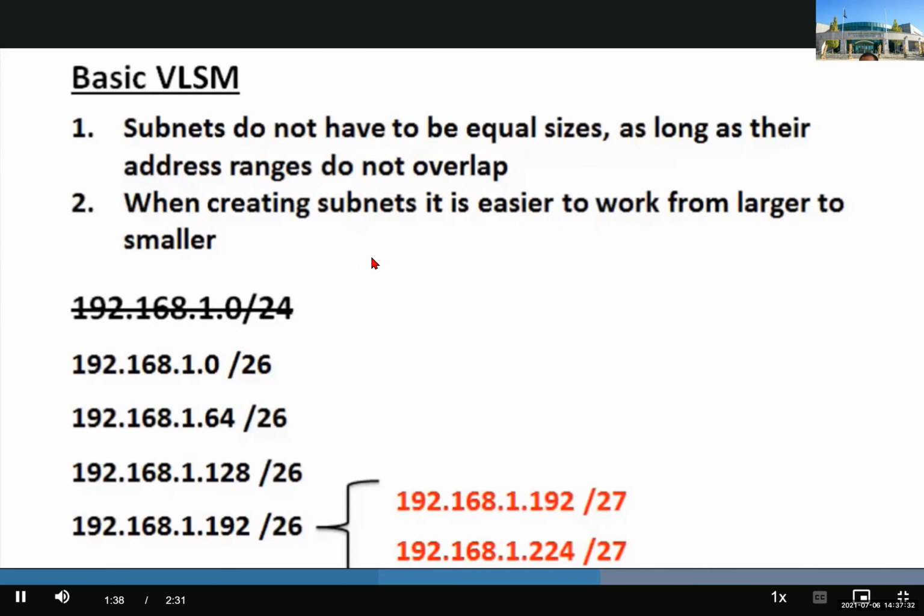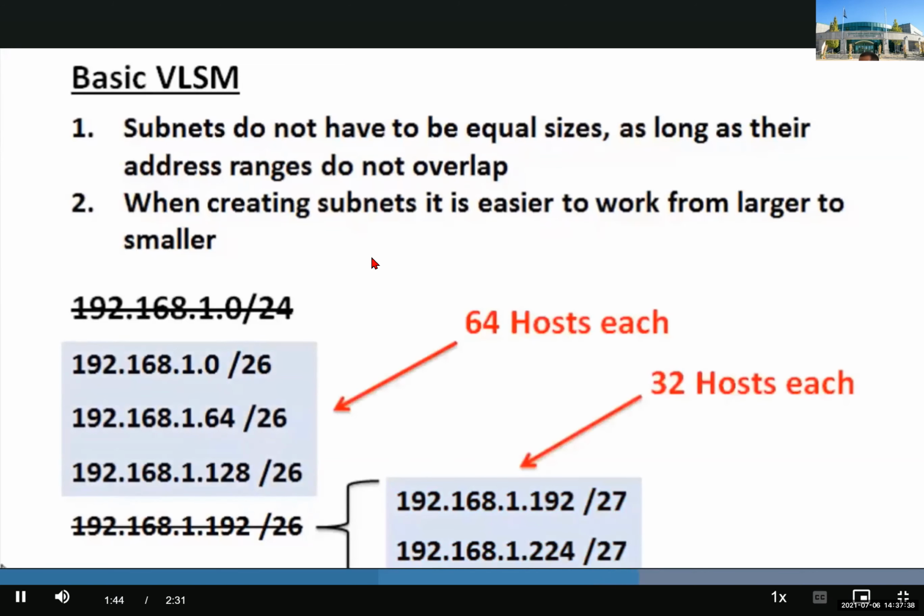If I do this, I effectively have created 5 subnets. The 3 subnets up here are 64 hosts each, and the 2 new subnets that I created from the 4th subnet are 32 hosts each. The reason I can do this is because my 2 smaller subnets do not intrude into the larger subnets.